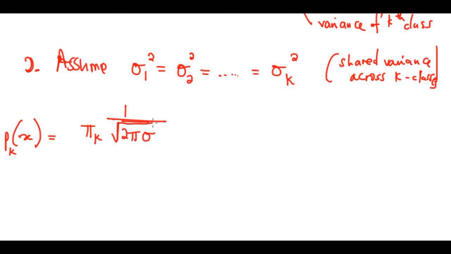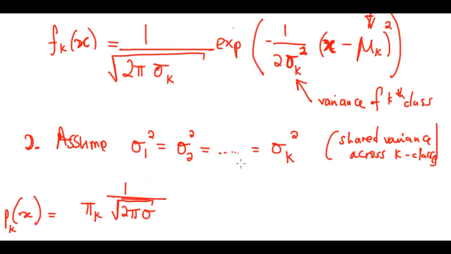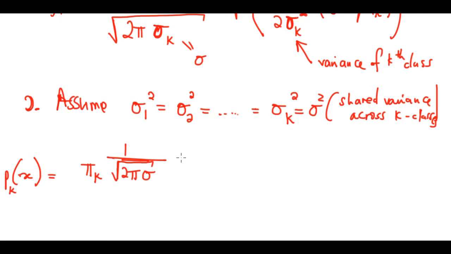I'm just going to say sigma and not sigma_k, because we have assumed a shared variance, so we're just going to call that shared variance sigma squared. So instead of sigma_k, we're just going to write sigma, the shared standard deviation. It's not the variance because it's not squared, right? Then the exponent of minus 1 over 2 sigma squared, the shared variance, times x minus mu_k squared.